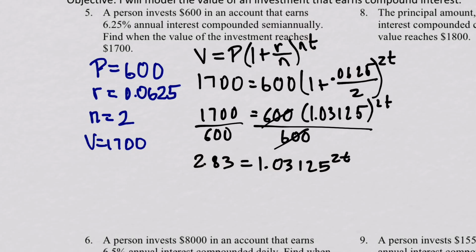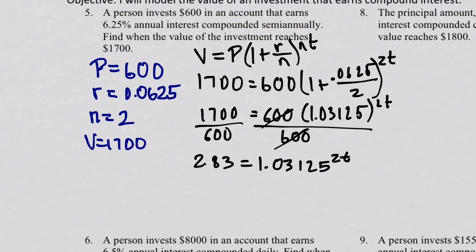Graph them, and then go to the second calculate menu, second trace menu, which is the calculate menu. Choose option number 5 for the point of intersection. You're looking for when these two intersect. And if you do that correctly, my calculator says 16.92229. Let's round it.